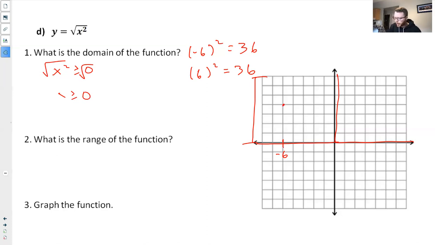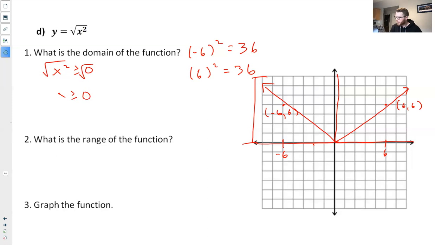Square root of -6 squared would be the square root of 36, which is 6, right? And same thing if we have positive x values, it's still going to be positive. So if you have positive 6 over here, we're going to have 6 up here, right? So 6 and 6 and -6 and 6 up here. So our graph is going to look something like this. Okay, the y values will always be positive in this case.